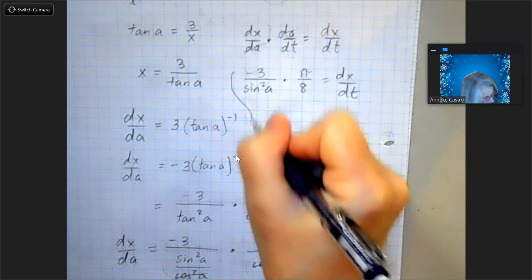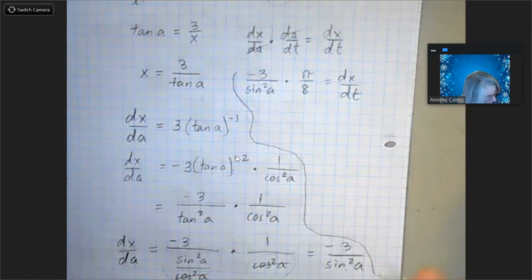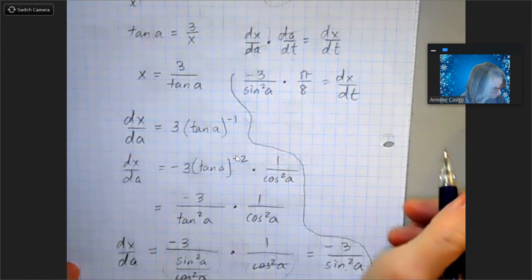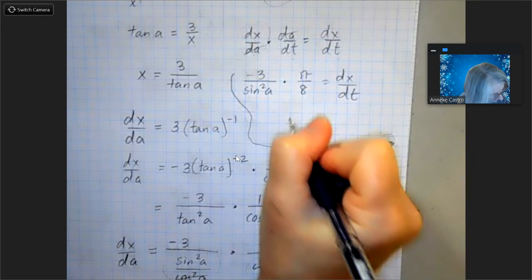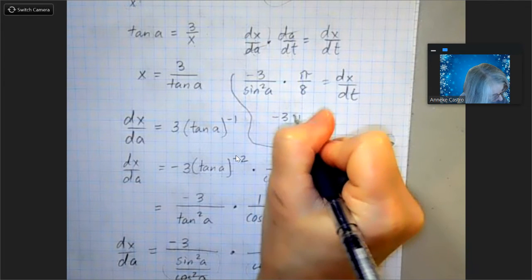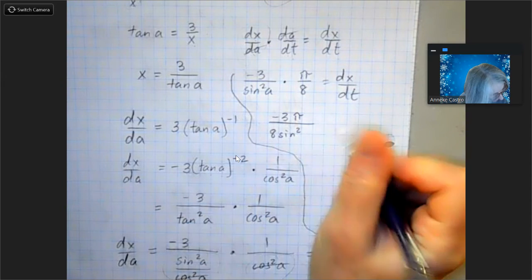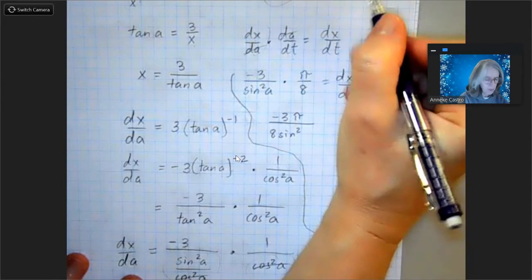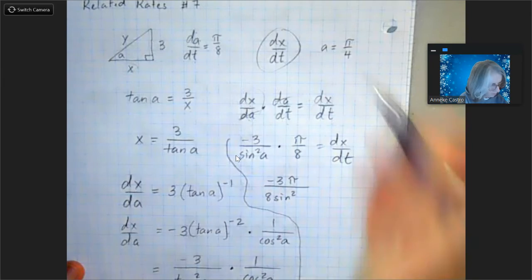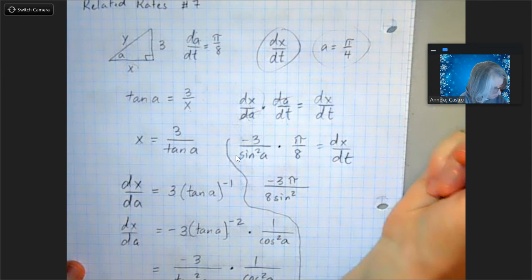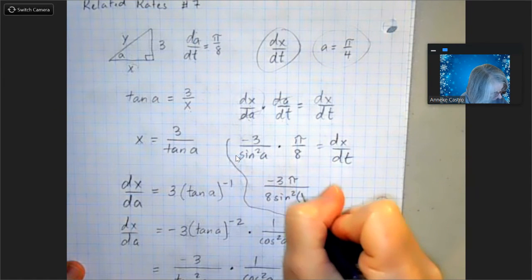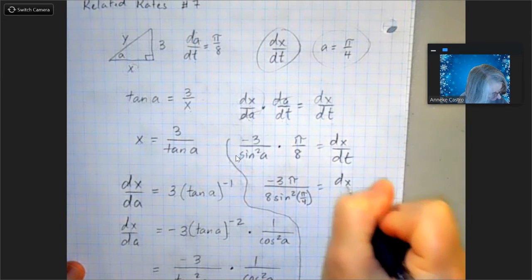Sorry, I'm running out of paper here, so I'm going to squeeze it in. Okay, so if I multiply this, I get -3 pi over 8 times sine squared of A. And I know what A is. I'm going to evaluate this for the value A is pi over 4. So I'm going to go ahead and put that in, pi over 4. And that's my dx dt.